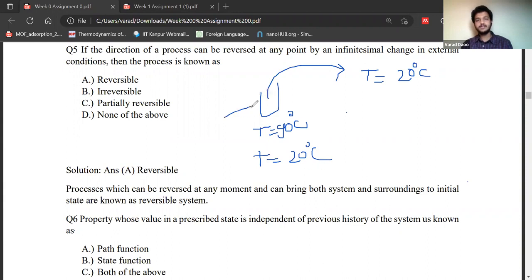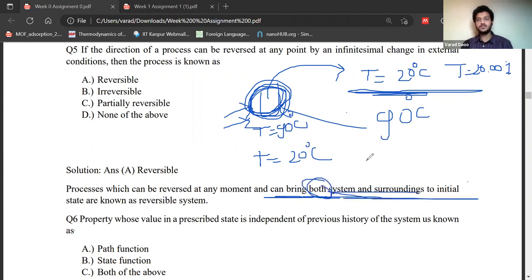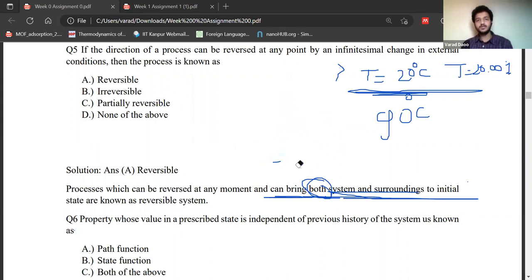But then we can again heat this to bring its temperature back to 90 degrees centigrade. So we can have a process in which the system again comes to its initial position, but the surroundings would have changed. Here the temperature, let's say, becomes 20.001. That is why this word both is very important. This is a process which brings both system and surroundings to their initial position. Then and only then do we call that process a reversible process.